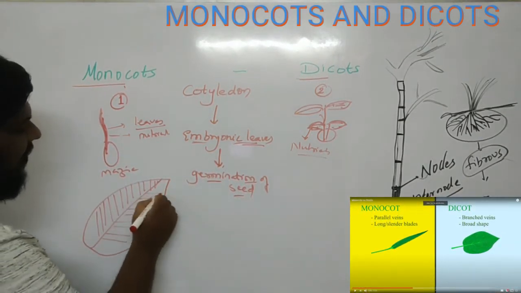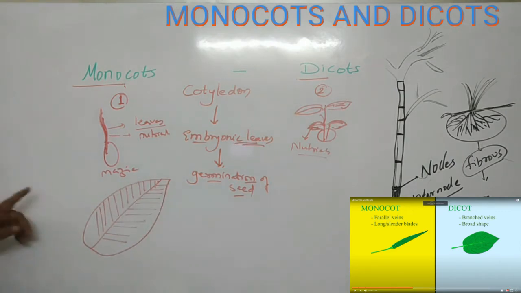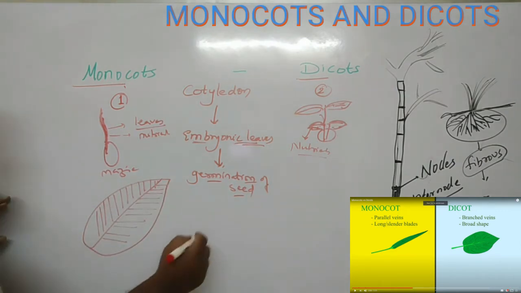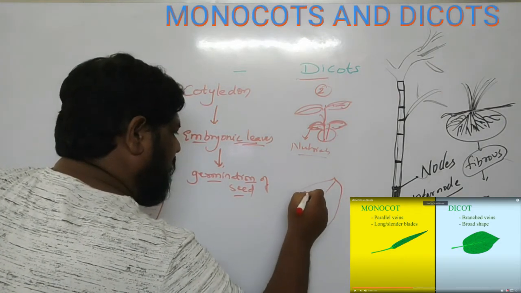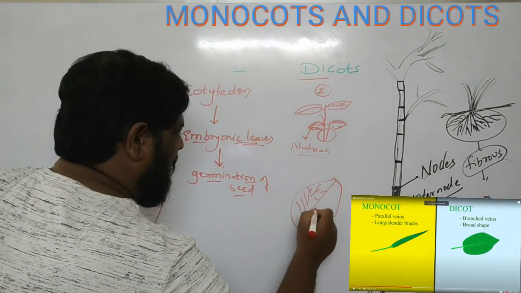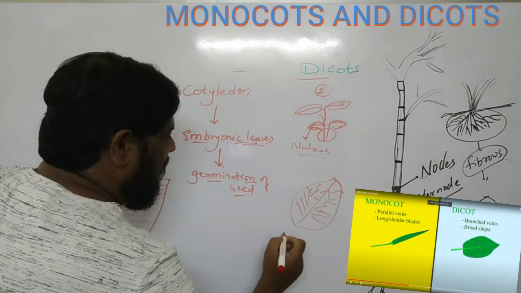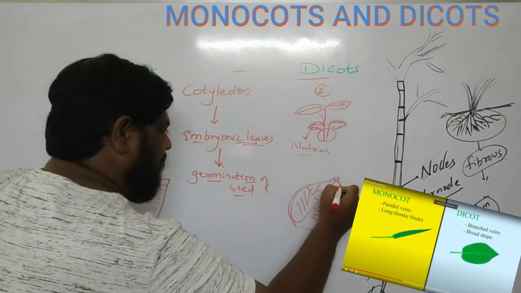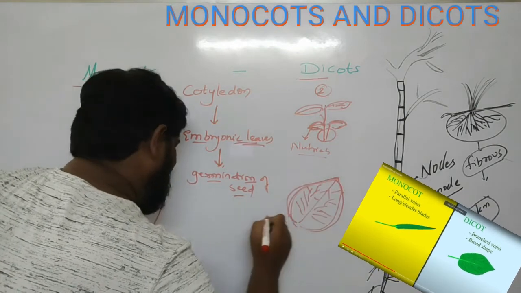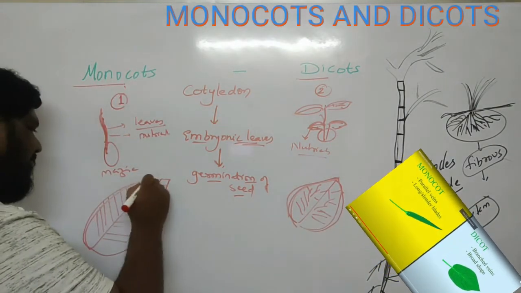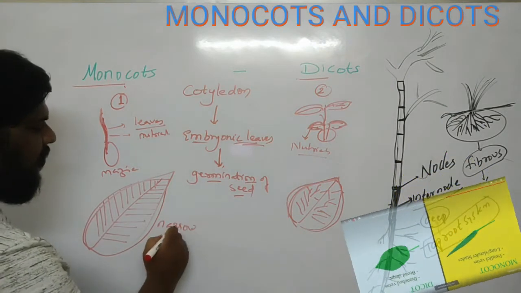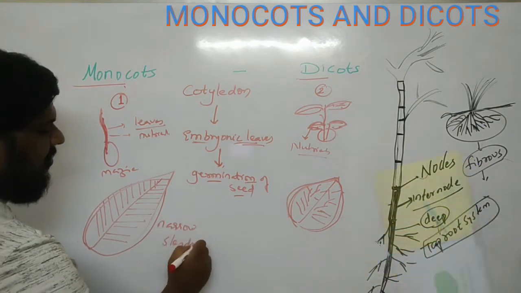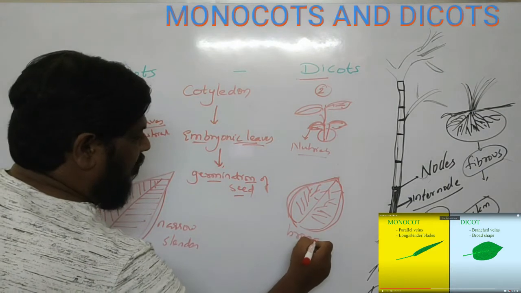Monocots will have parallel venation, and dicots will have reticulate venation. This leaf is a bit broader in size, and this leaf is narrow and slender.